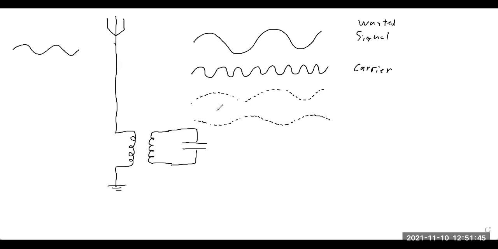So it modulates or varies the size of the wave that's coming. So keep the original frequency, but it just gets big or small.